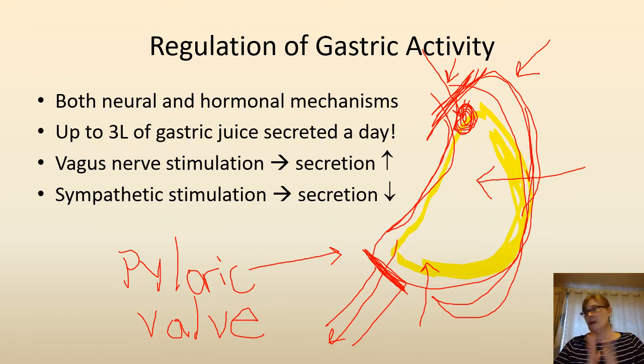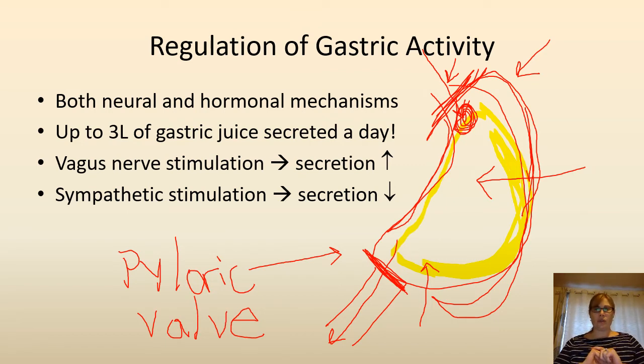All right, so now we're where we should be, which is about how this is regulated. We already talked about the nerve plexus being involved and that there are many hormones involved. So we had 1,500 milliliters or 1.5 liters of saliva each day. We have 3 liters of gastric juice secreted in a day.